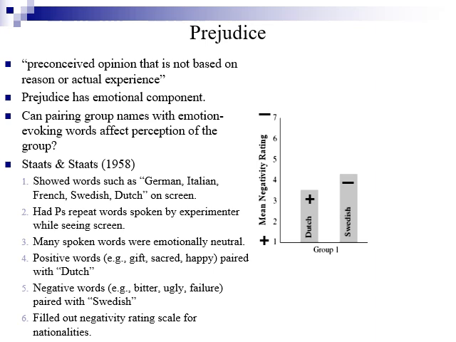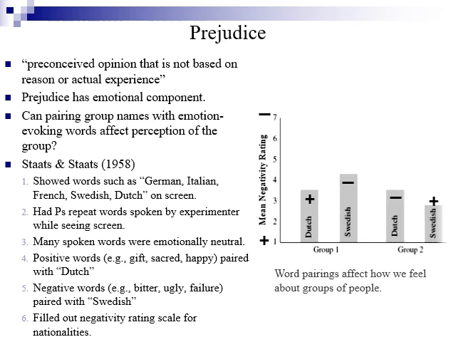They found that those who had Dutch paired with positive words had a lower negativity rating of the Dutch than those that had Swedish paired with the negative words. They rated them as more negative. And just to be sure that they didn't come into the experiment with any preconceived or initial feelings about Dutch or Swedish, they also switched the pairing.